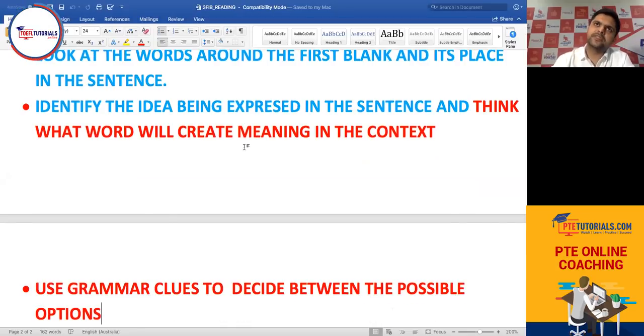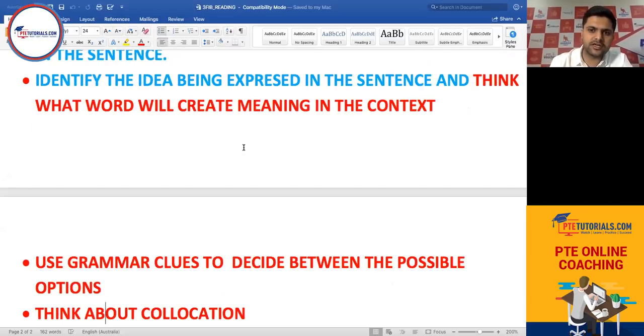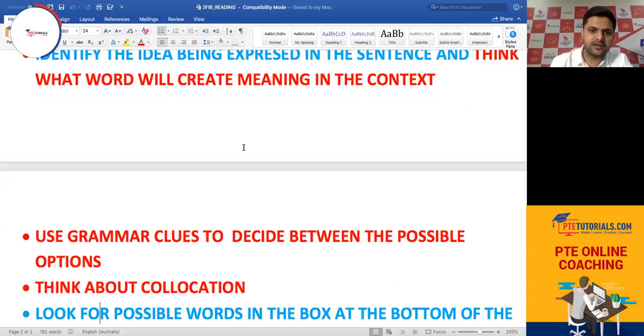Try to see the way the words have been written. Is it an argument that is being presented, or is it a new point of view? And then try to think what word would create meaning in the entire context. What is the word that you will fill in the gap that would create the meaning in the context? When you're thinking this, sometimes a word or maybe even a group of words would just come up in your mind, so it's okay if you're able to think about a word or a group of words at that moment.